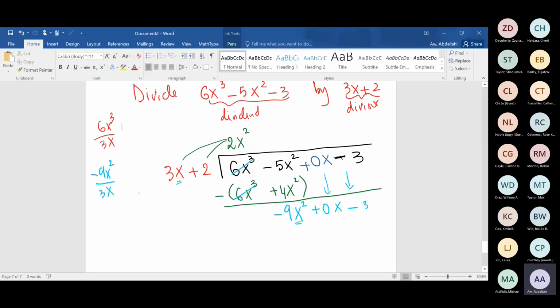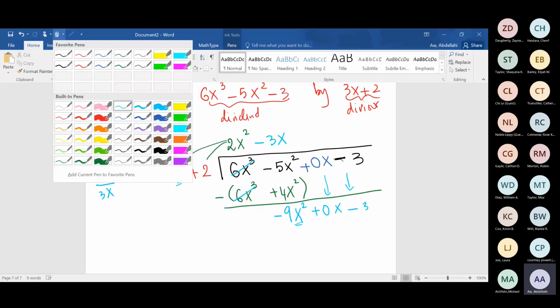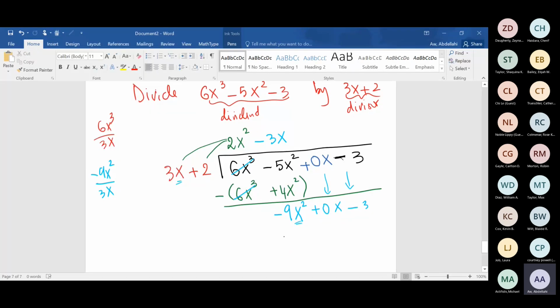How much is that? Negative 3x, right? Everybody see that? I'm going to do the same thing: distribute negative 3x to the 3x plus 2, right? So when I do that, I get negative 3x times 3x is negative 9x squared, right?